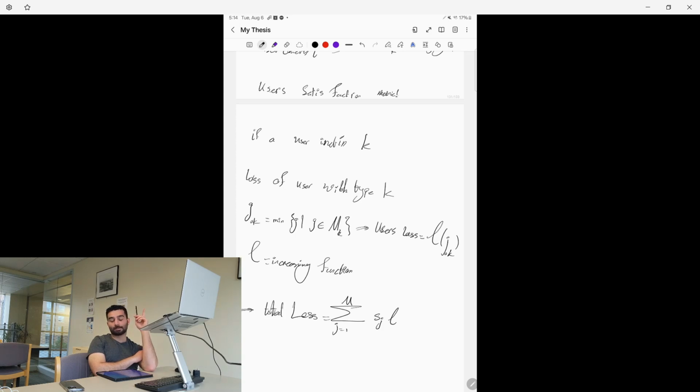So the user's intent, by the way, remember, is for the category. Actually, the user's intent equals categories, right? And then we have products that have their own utility.